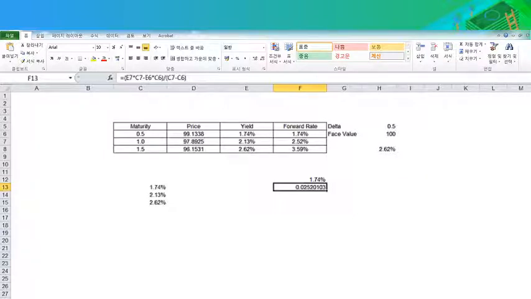So this is about 2.52%. Yeah, 2.52%. We can replicate this one, copy and paste. So we have 3.59%. So we could calculate forward rate.